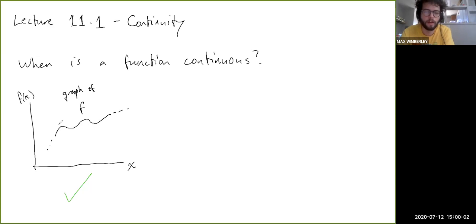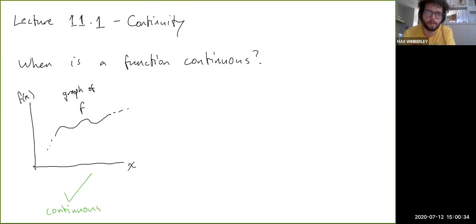Sometimes the way people describe this is that it's continuous if you can draw the graph in one motion without lifting. Obviously, these dots are just showing that it continues, so that's not part of the graph, but you can draw the actual graph without lifting your pencil from the paper. So this would be continuous at all of the points here. There are no points of discontinuity.